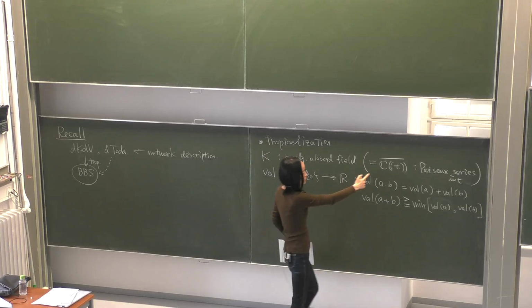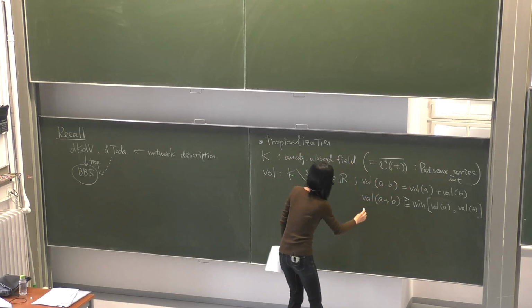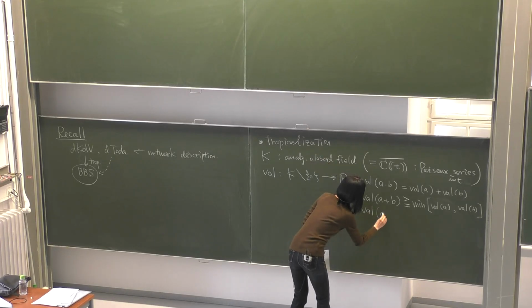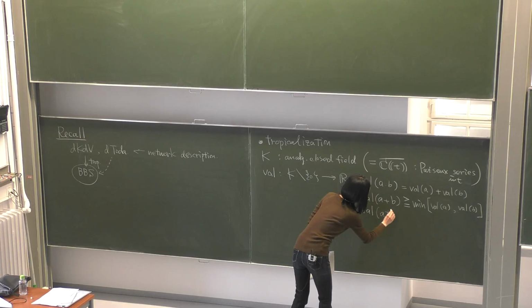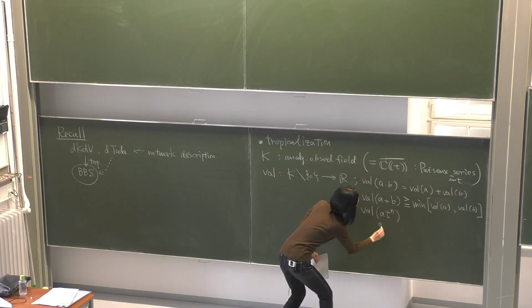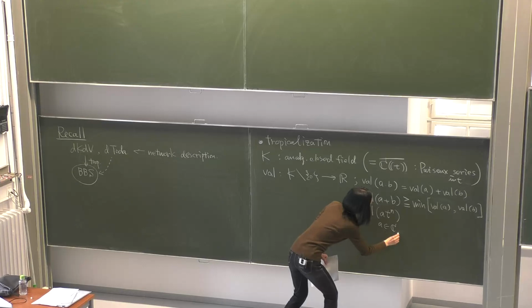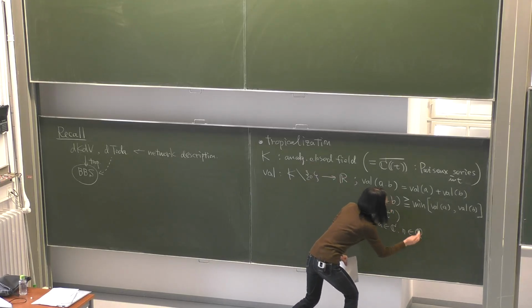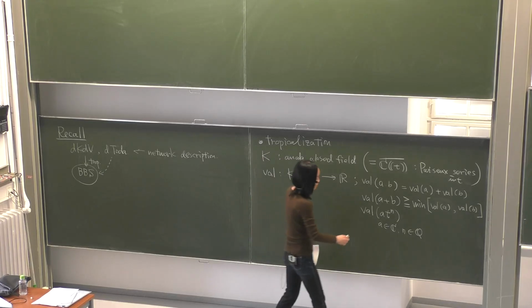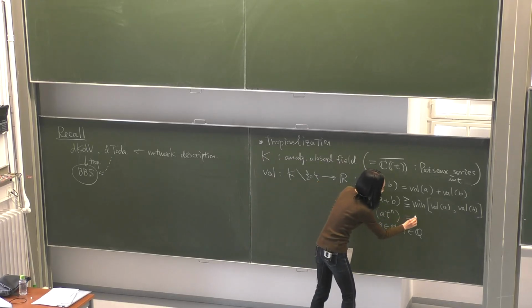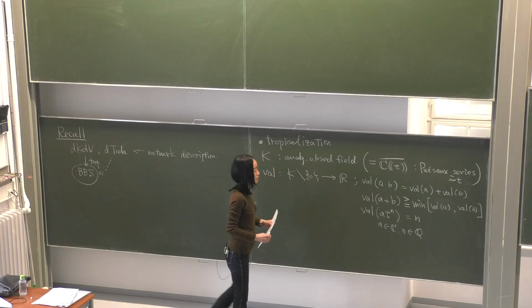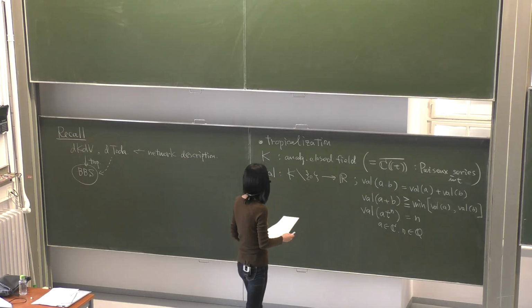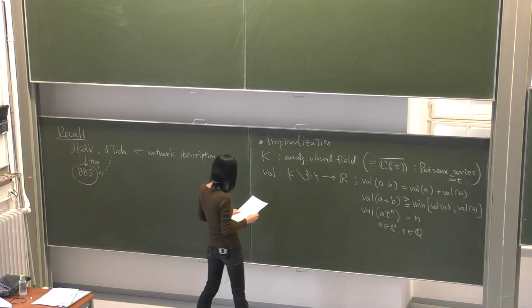For example, in the case of Puiseux series, the valuation of A times T to the N, where A is a complex number and N is some rational number, is N. By using this, we can calculate the valuation of a given element in K.